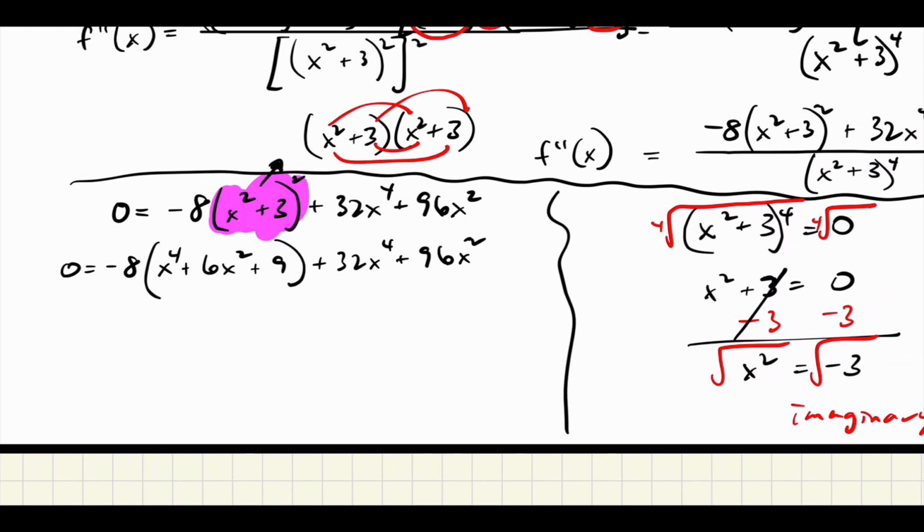Okay. So now I can distribute the negative 8 because there's no more power. So I distribute it to all 3 terms, and I get negative 8x to the 4th minus 48x squared minus 72 plus 32x to the 4th plus 96x squared.